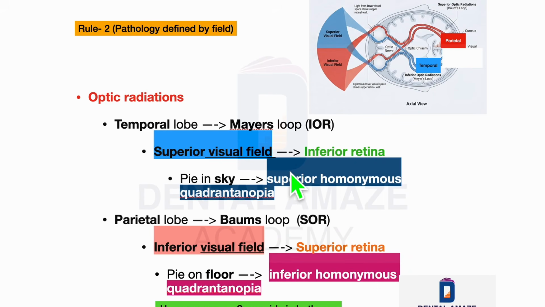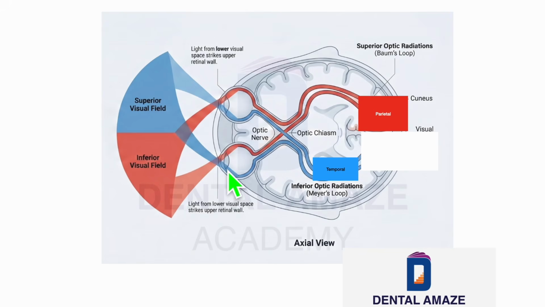Now see this. This picture will be better. We said brain area is defined by the retina, right? So this is your inferior. We said nasal and temporal, and similarly you've got inferior retina. Inferior retina, inferior part of your brain, which is your temporal lobe.